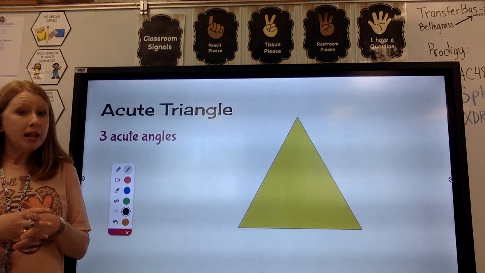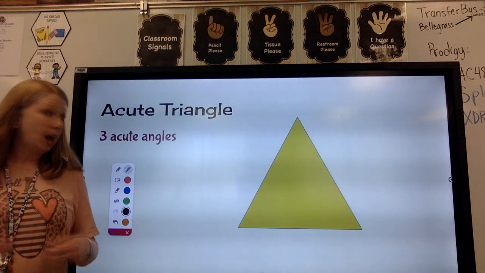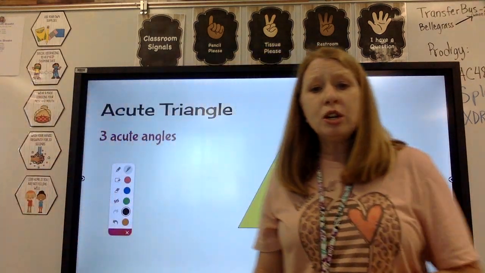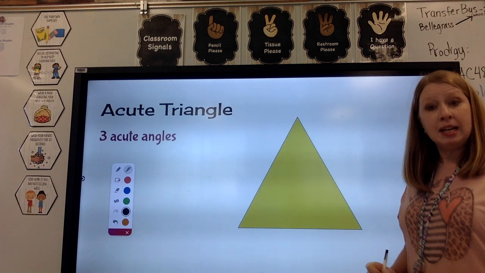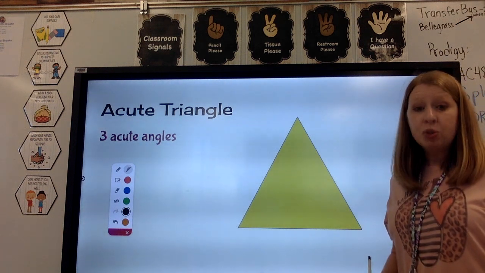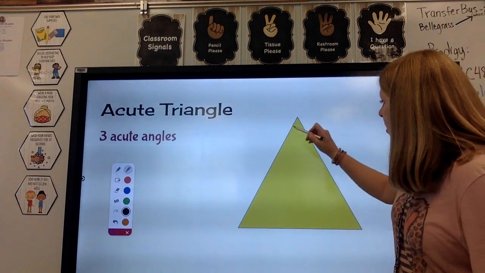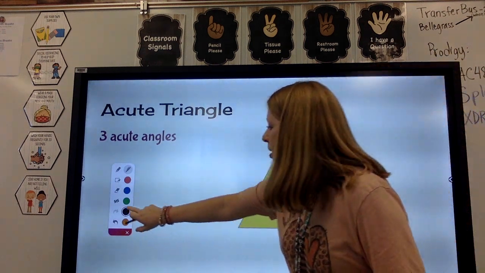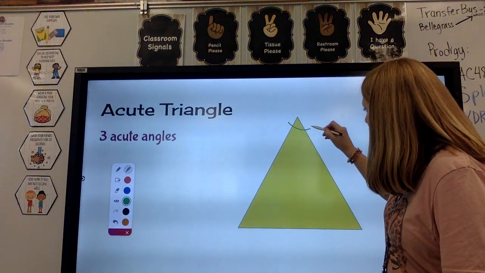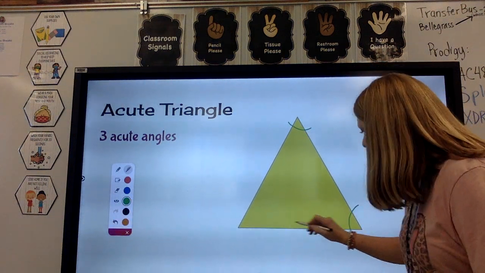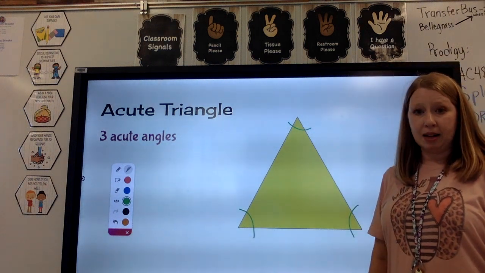Okay, now let's talk about naming triangles by their angles. So let's look at this one right here. This is an acute triangle, and in an acute triangle, all 3 angles are the same size. So I can look at this angle, and this angle, and this angle, and they are all the same size.